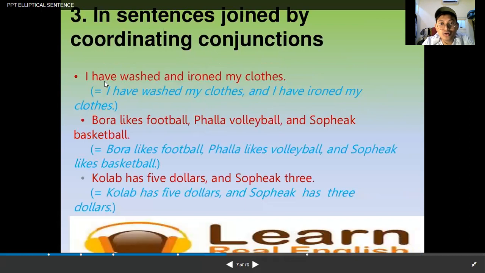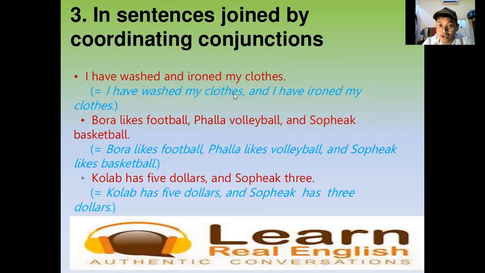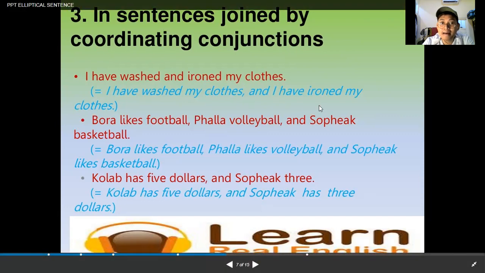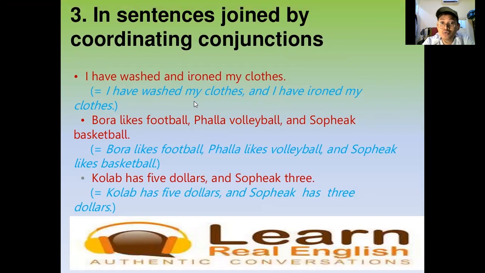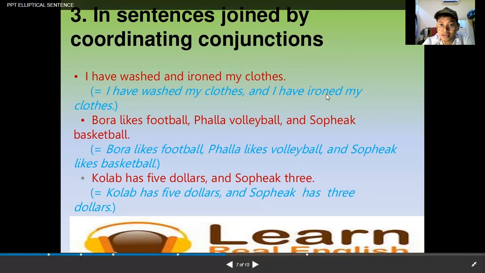Thirdly, in sentences joined by coordinating conjunctions. What does it mean? Take a look at the first example, the blue one. The long version: I have washed my clothes, and I have ironed my clothes. As you can see, there are two different verbs, wash and iron, but the same object, which is clothes, right?